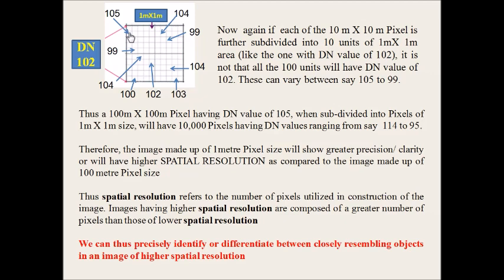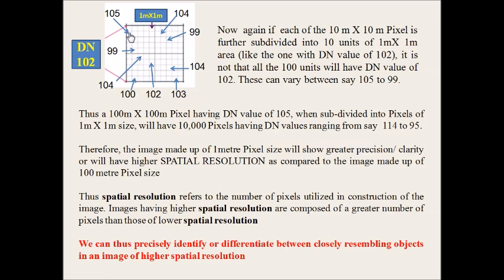Now resolution in a photograph is the ability to distinguish two points as separate structures or features rather than a single fuzzy unit. So the term spatial resolution refers to the number of pixels utilized in the construction of the image.